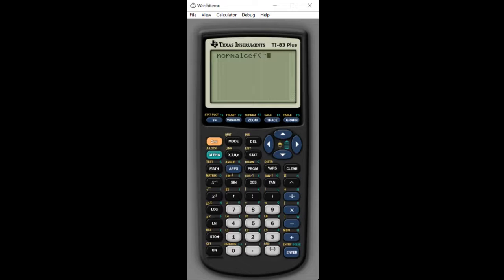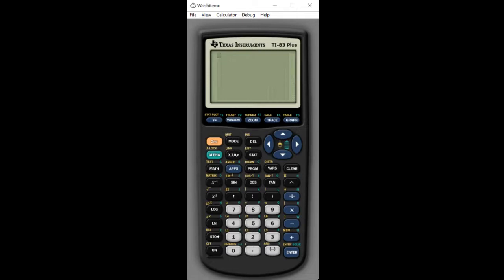So I'm going to go negative 1.25, comma. Or sorry, second and then what? Second and then VARS. So look, let me show you again. I'm going to go second, VARS. Do you see right here, VARS, V-A-R-S? Do you see it?